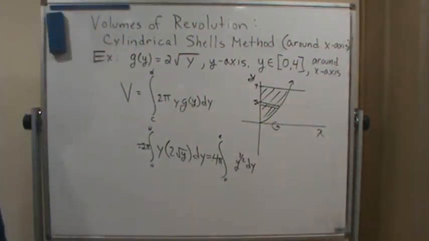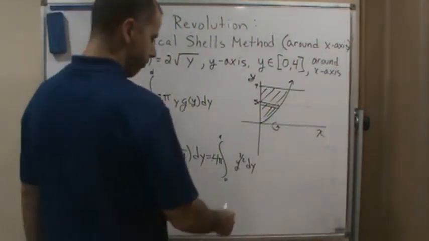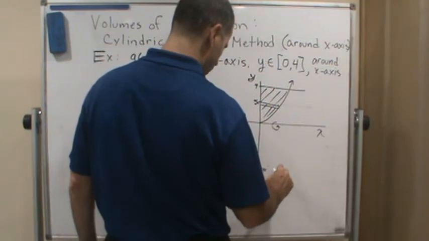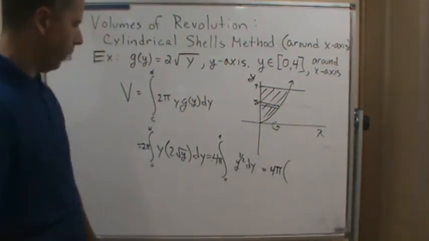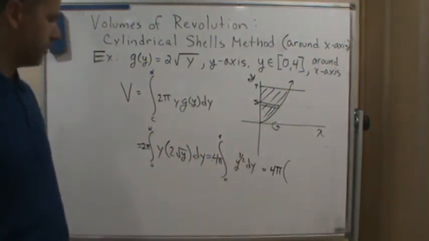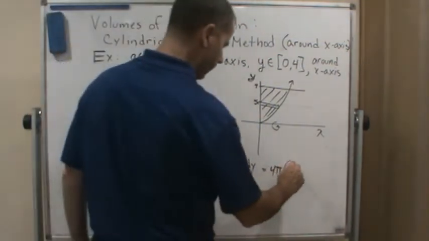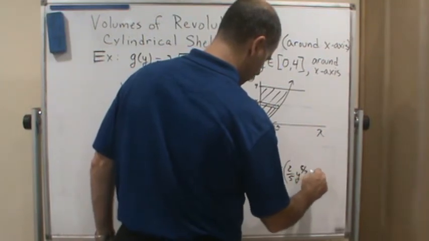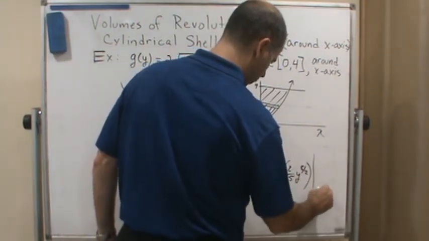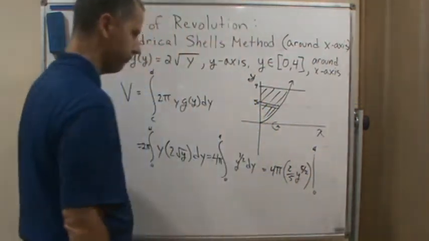Okay, so now we can integrate this easily, right? So this is going to become 4 pi times what? Well, the exponent is going to increase by 1, so that's going to be 5/2, so it's going to be 2/5 y to the 5/2. And we're going to go from 0 to 4.